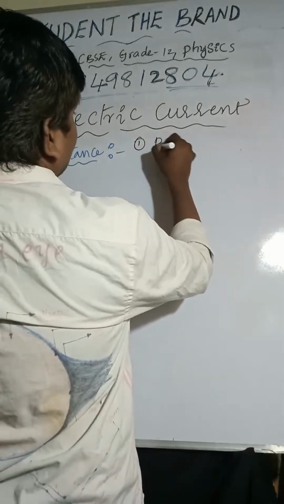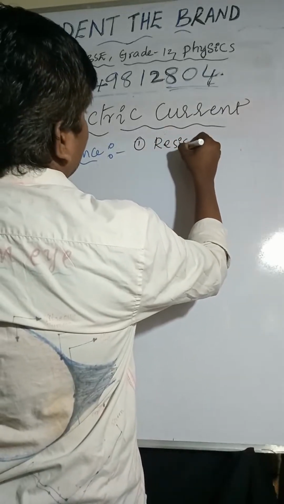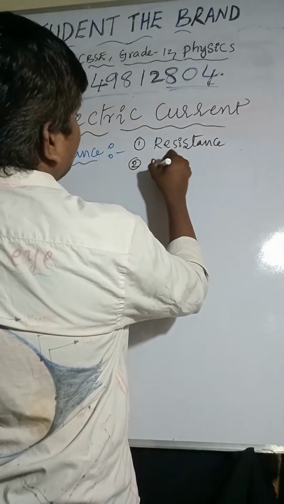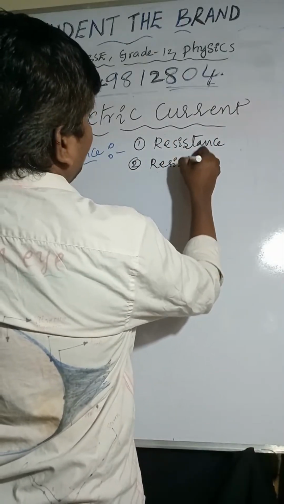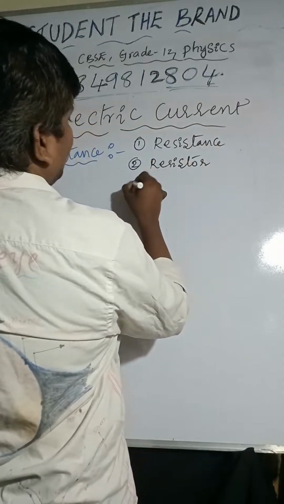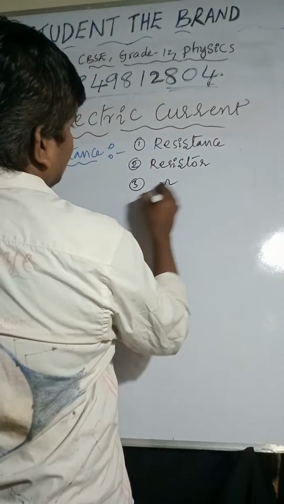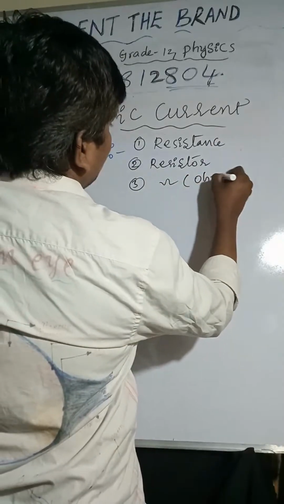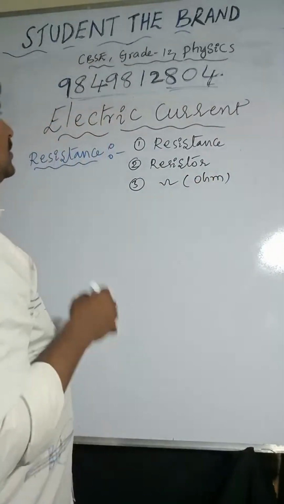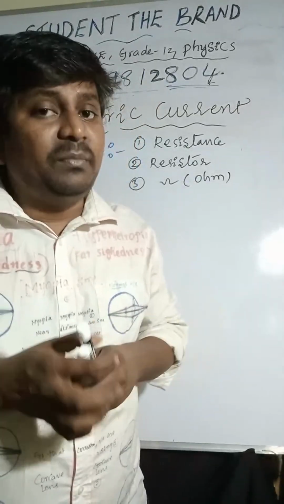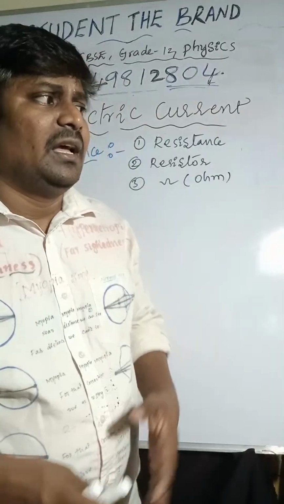Point number 2, resistor. And point number 3, ohm, and that is the symbol, Ω. So resistance, sir, what is the meaning of resistance?